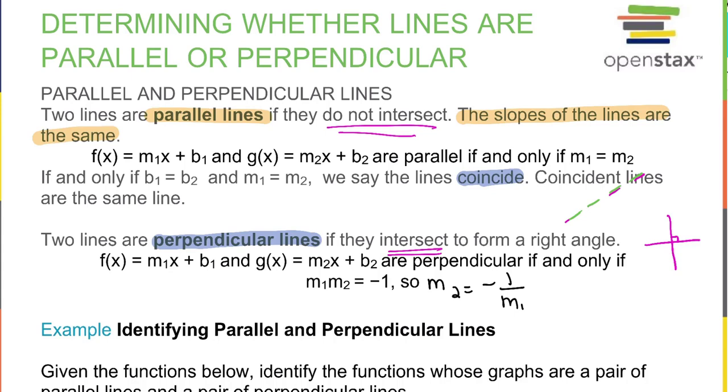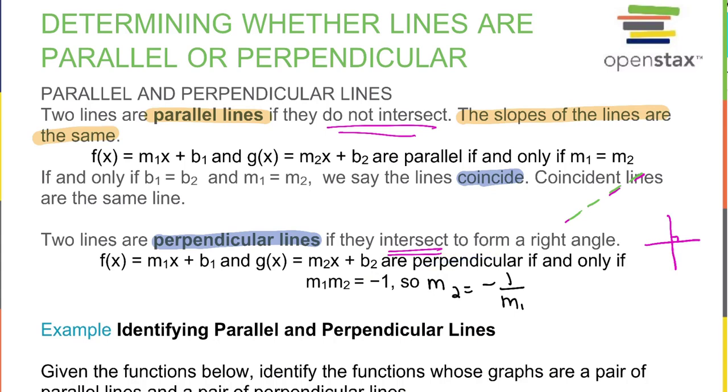So f of x is equal to m1x plus b1 and g of x is equal to m2x plus b2, and they're perpendicular if and only if, when you multiply them times one another, they equal -1. So if you multiply the slope of the first line times the slope of the second line, if the product of those two slopes is -1, then it's perpendicular.